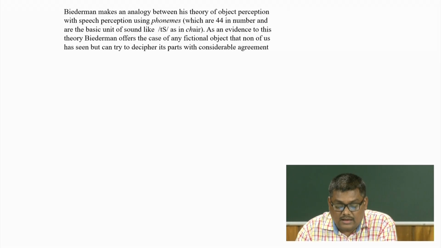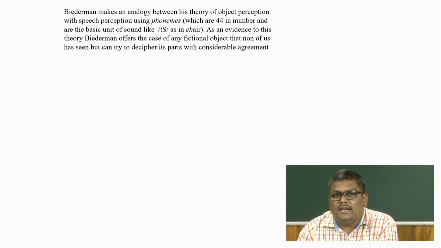Now, Biederman's concept is that these 36 geons are necessary for forming all basic shapes in the world. He contrasts this with the idea of sound perception, and he compares his theory of 36 geons with the 44 basic phonemes which are available.